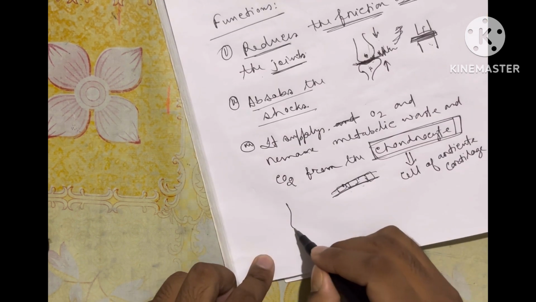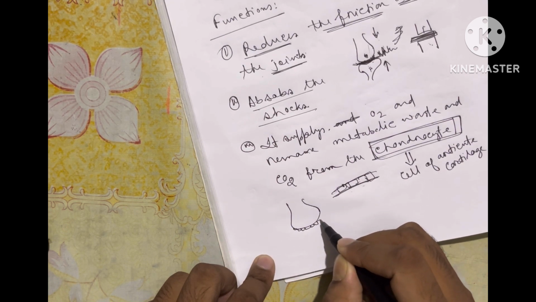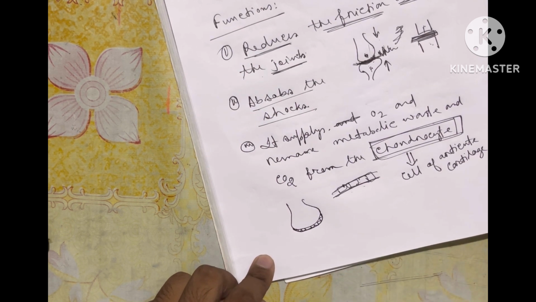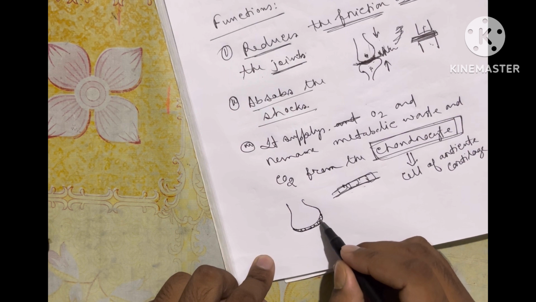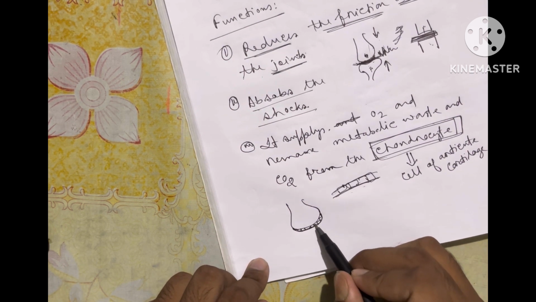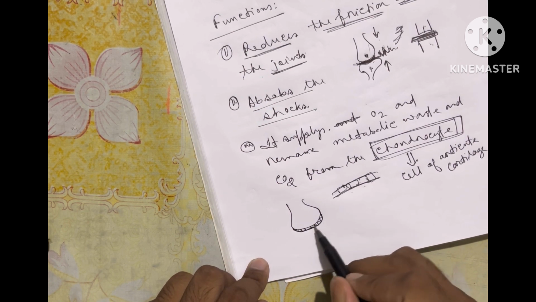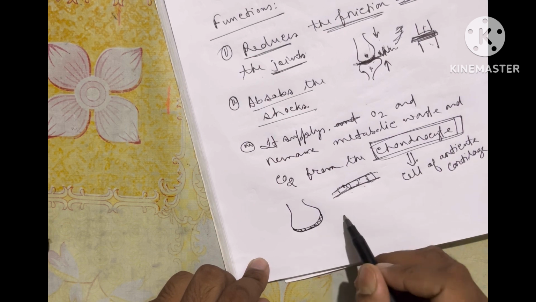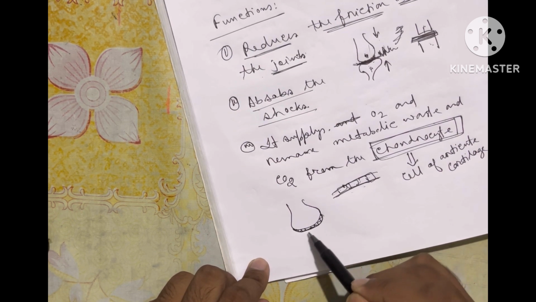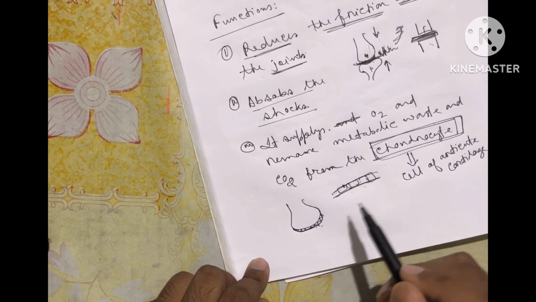So if it is a bone and there are small cells over here, those small cells finally form a hyaline cartilage. So who is going to provide the nutrition to these small cells? As it is an articular structure, we know that there is no blood supply, as it is a cartilage. If there is no blood supply, then how are the cells going to survive? They have to survive.